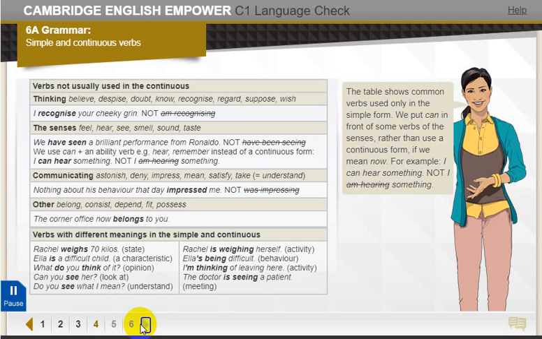The table shows common verbs used only in the simple form. We put can in front of some verbs of the senses, rather than use a continuous form if we mean now. For example, I can hear something, not I am hearing something.